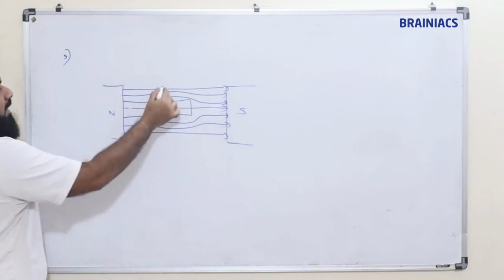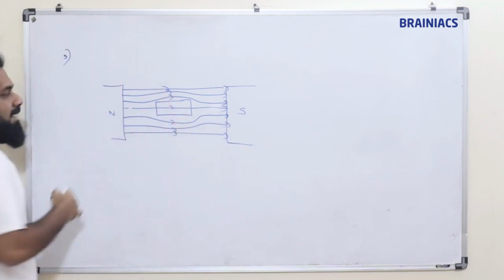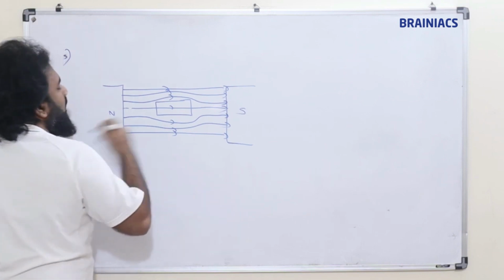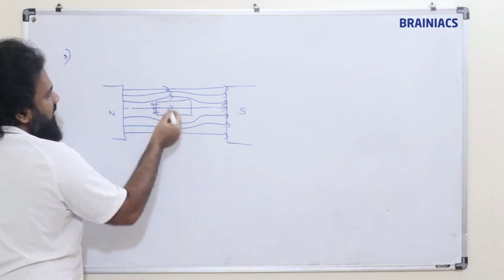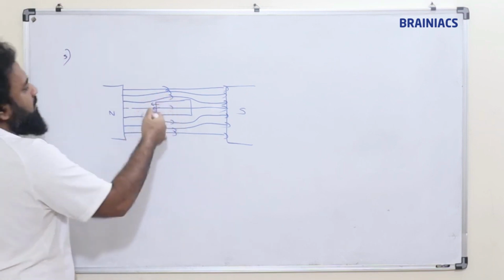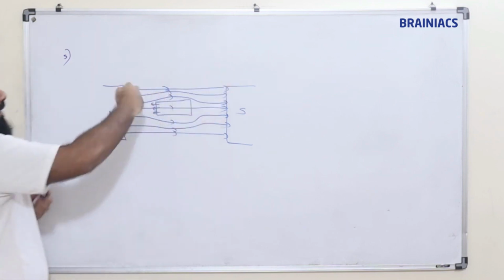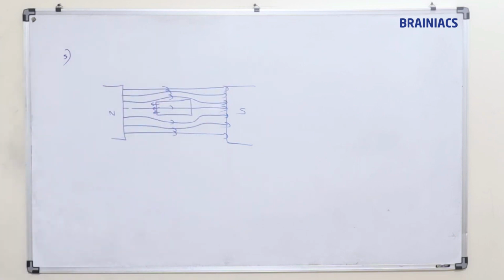Why? Because it will oppose. On this side there is a magnetic field in the opposite direction, even if small in value. Because of this opposition, the lines will go away from the diamagnetic material.